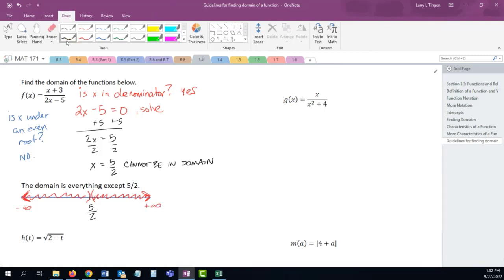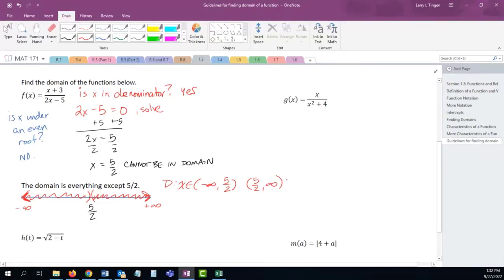So what does my domain look like if I'm going to write this in interval notation? Well, I start at negative infinity. I go all the way until I reach 5/2. I hop over 5/2, and I go to positive infinity. The 5/2 are the endpoints.